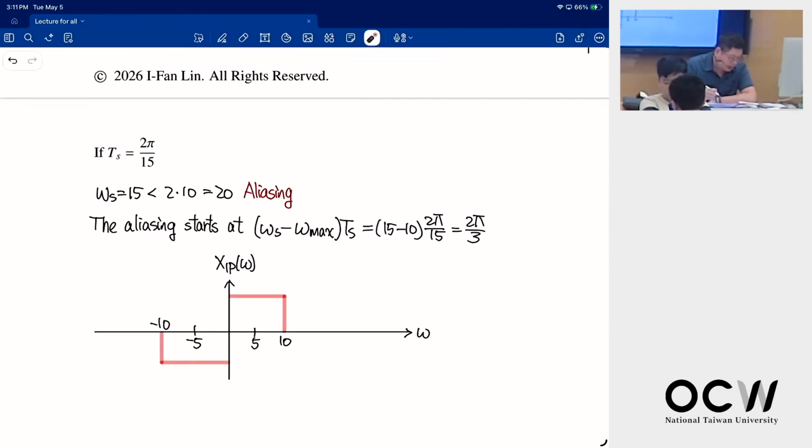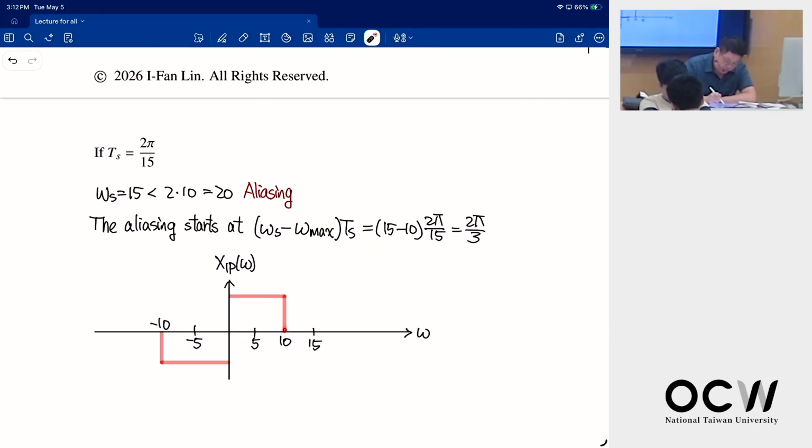Okay, check this. Why do we have aliasing? Because your sampling rate is 15. So here, when we have 15 here, the center is 15, which means that you shift by 15.